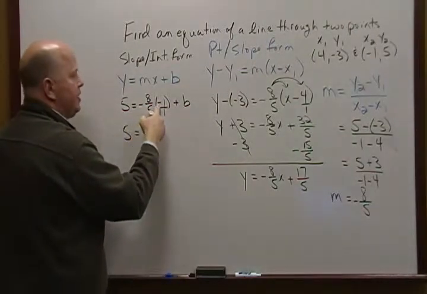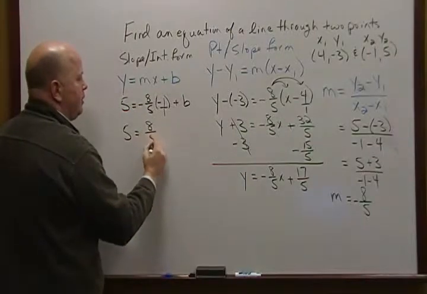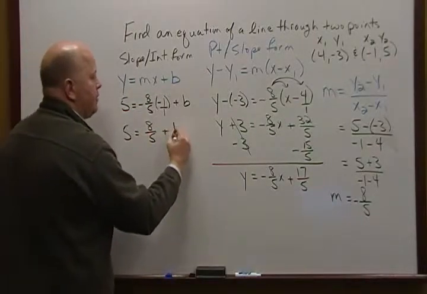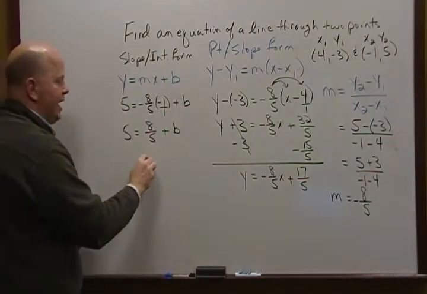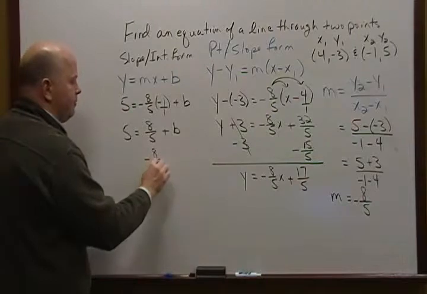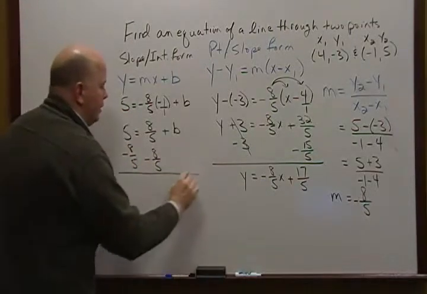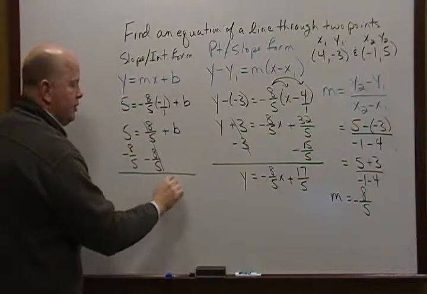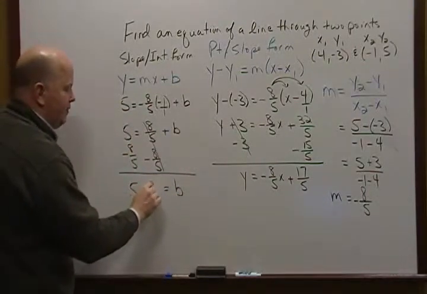So here we have positive, because we have two negatives being multiplied together, 8/5. And now to find b, we need to subtract this 8/5 from both sides. So this reduces to 0, and we'll have b equals 5 minus 8/5.